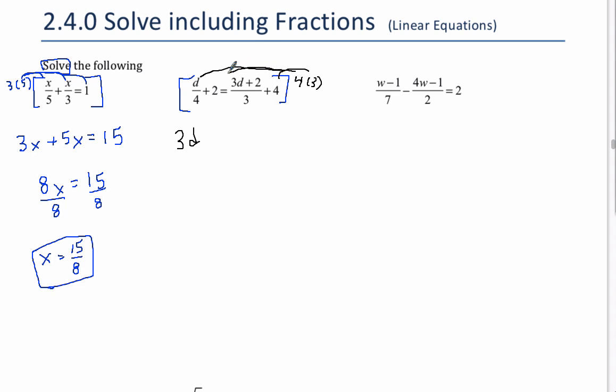Then we multiply 4 times 3 times 2, no denominator, so 8 times 3 is 24, equals, when we multiply that by the first term on the right-hand side, the 3's cancel and you're left with 4 times the numerator, 3d plus 2. And then we multiply by 4, no denominator, so 4 times 4 times 3, 12 times 4, is 48.